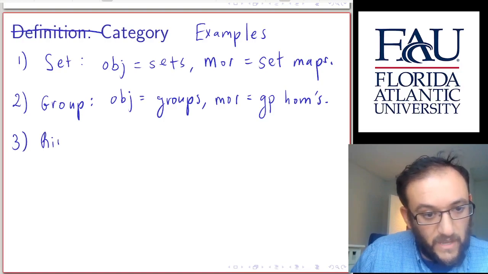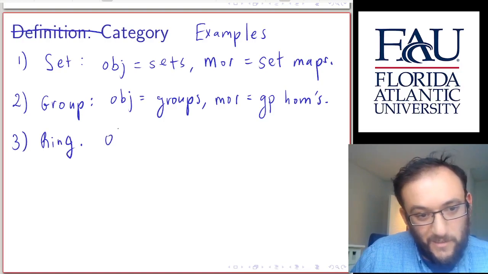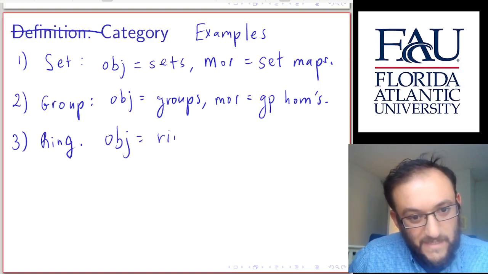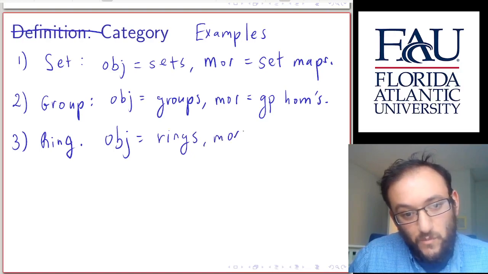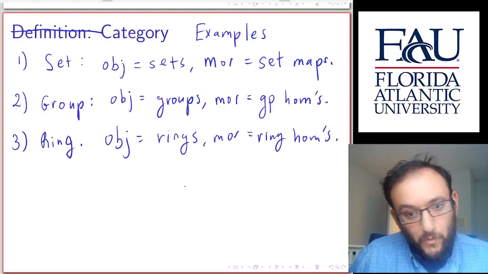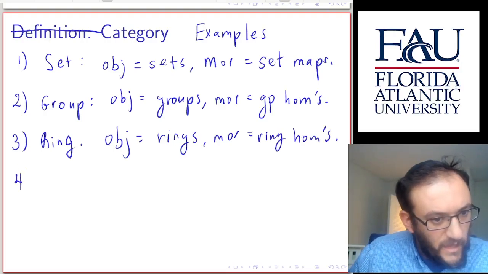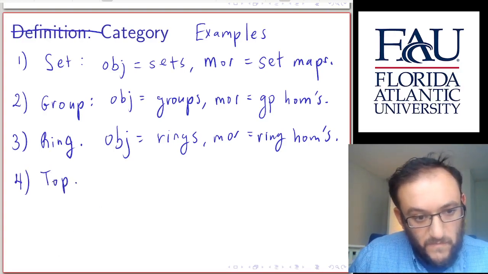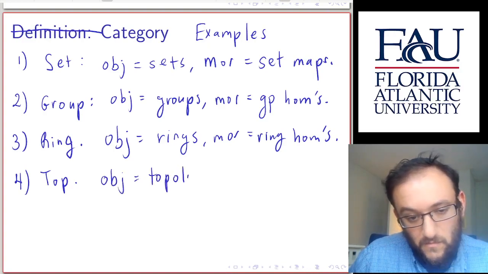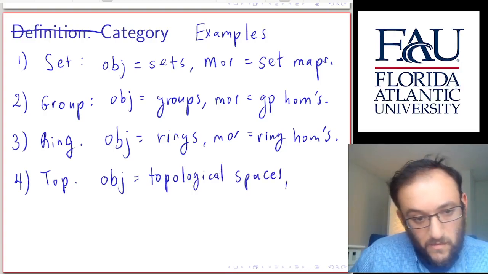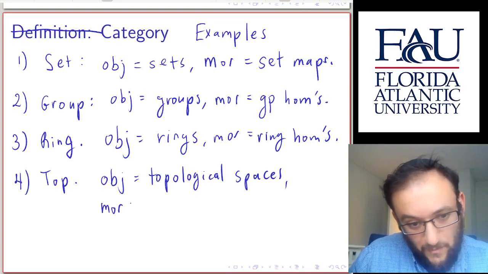Another example is Ring. Kind of getting the hang of this by now, hopefully, the objects will be rings and the morphisms will be ring homomorphisms. You can also have Top. And the objects here will be topological spaces, and the morphisms will be continuous maps.